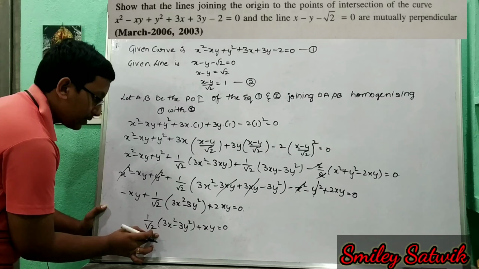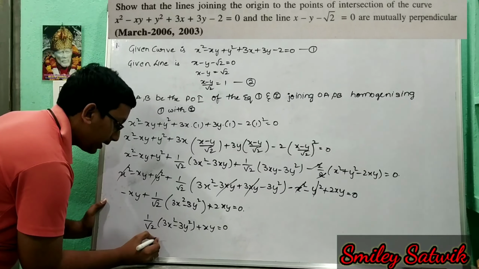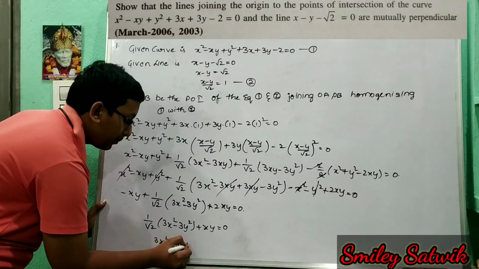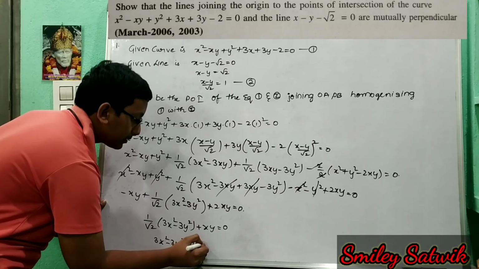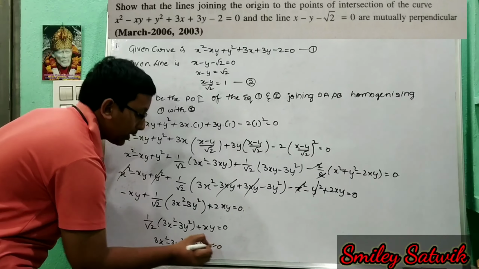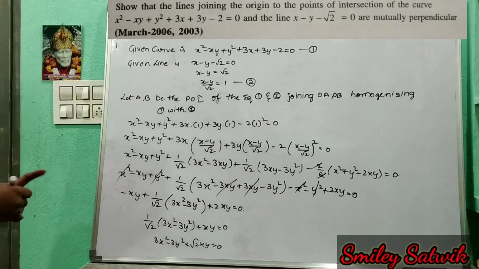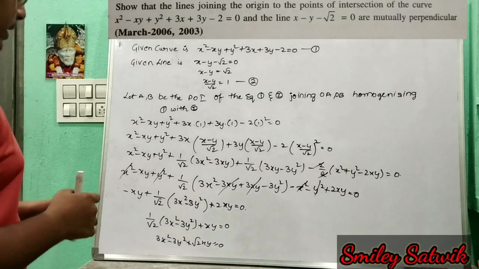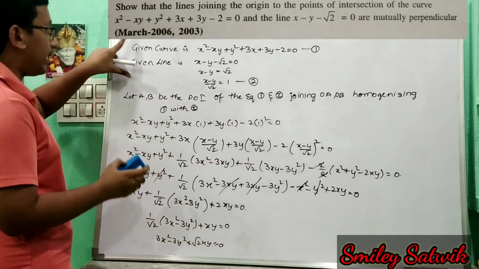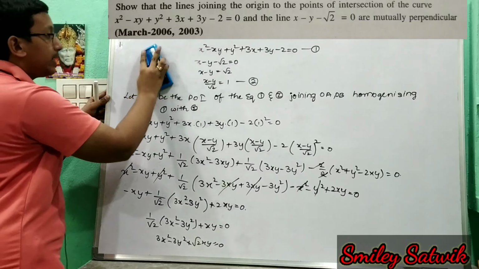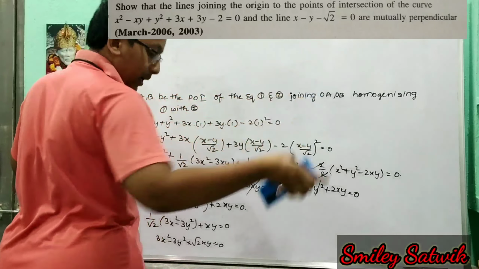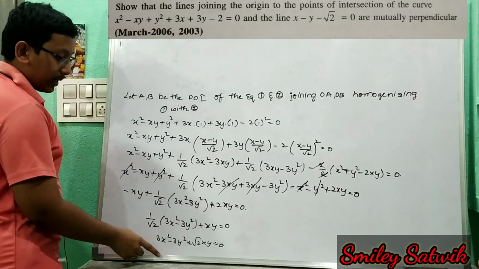Now multiply this root 2 with this one, so it becomes 3x square minus 3y square plus root 2 xy equal to 0. Right, until here. I will continue after erasing. I am going to erase these two lines and continue here only.